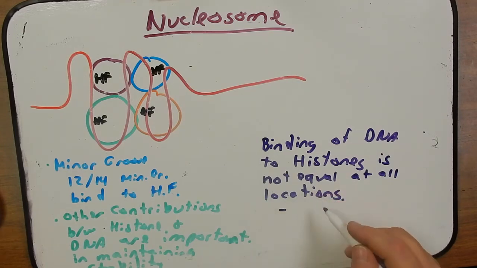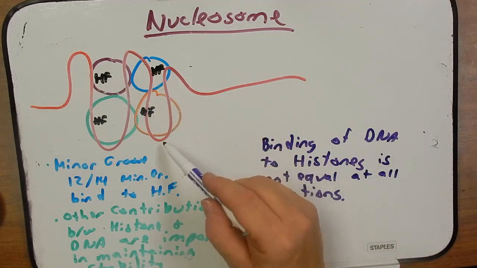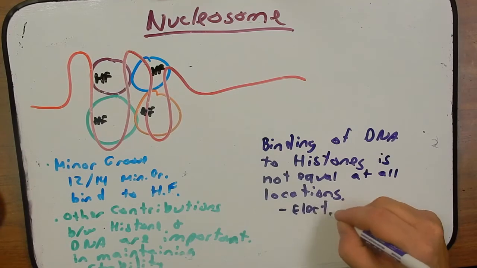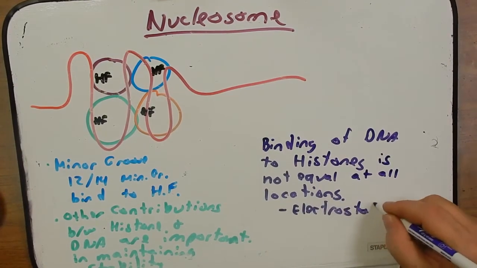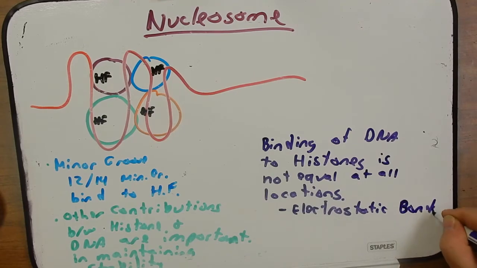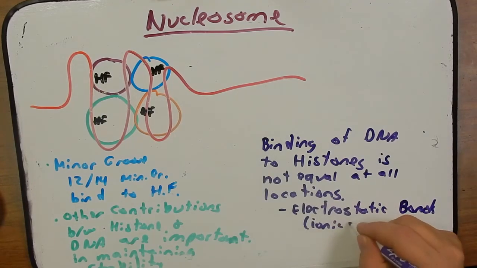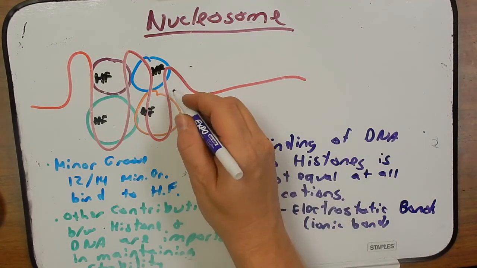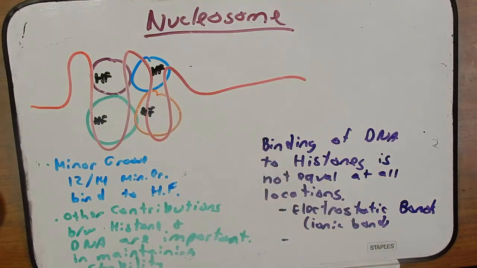Probably the most important interaction that leads to the strength of this binding are electrostatic forces, or let me say bonds, like ionic bonds. More specifically, there are positive residues, positive amino acids on these histone folds that play a role in these ionic bonds with the DNA.